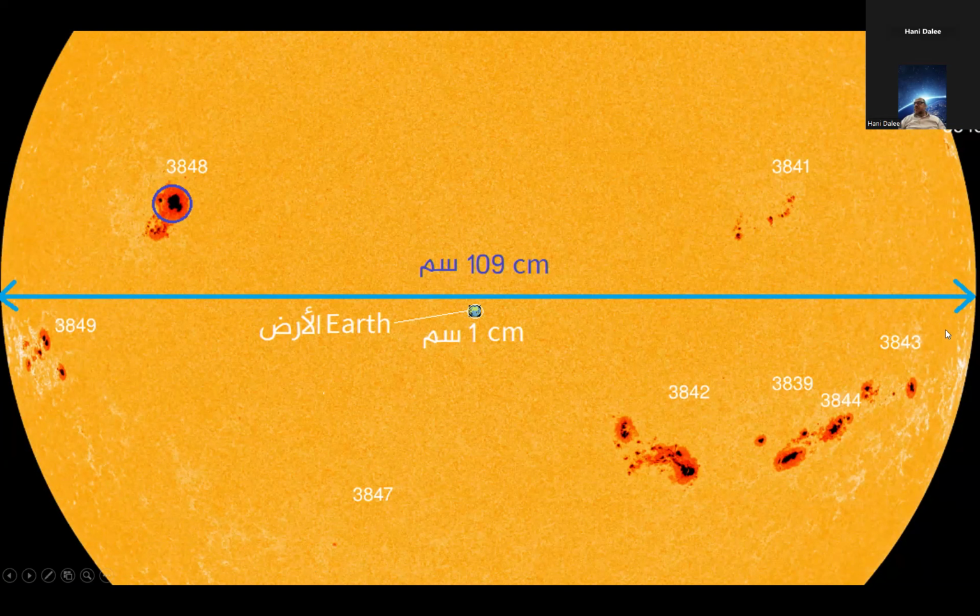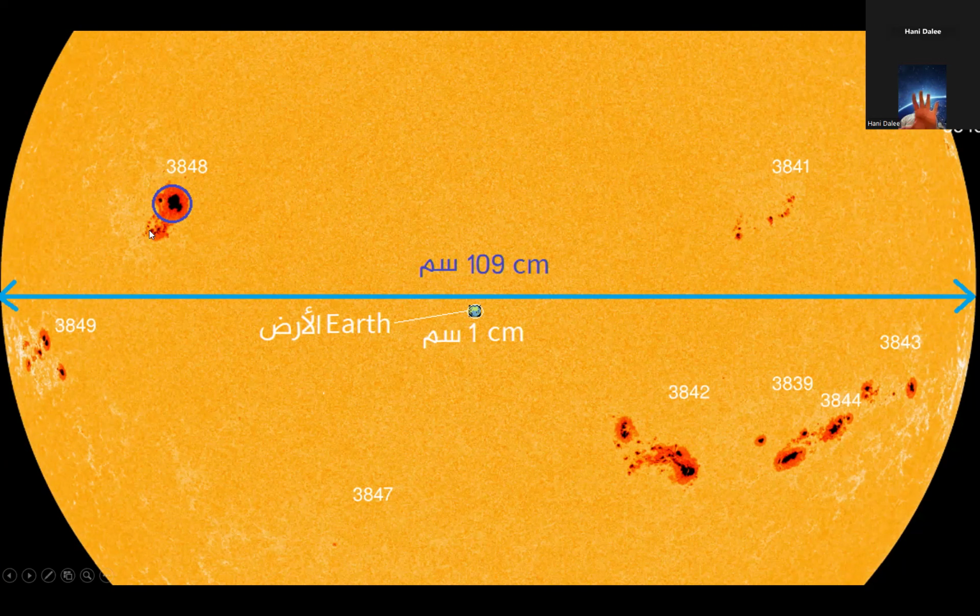So I must bring my ruler. I don't know if you can see me here. This is a ruler, and I'll put it on the screen. When I put it on the screen, I can measure by centimeters and millimeters. At the same moment, I have to measure the diameter of the sunspot. Can you see the sunspots?